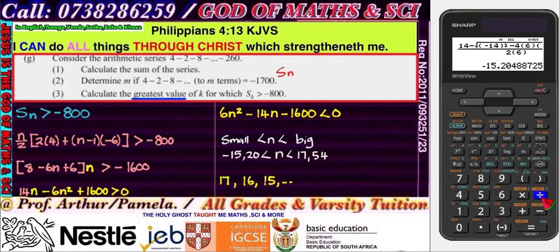Well, we'll keep on going all the way to 1. But if I go further, I'll be going to the negatives, like this one. I don't need those negatives. So the question says calculate the greatest value. So which one amongst these is the greatest? 17. So the answer here would be n equals 17. And we're done with that. You see, I'm just trying to tackle the one that is an inequality.